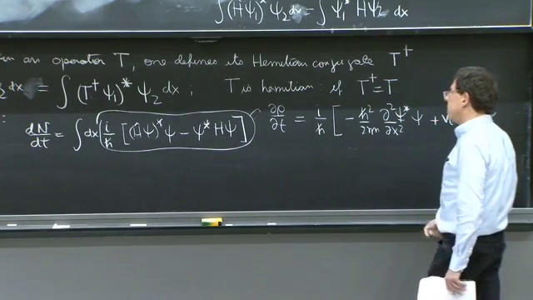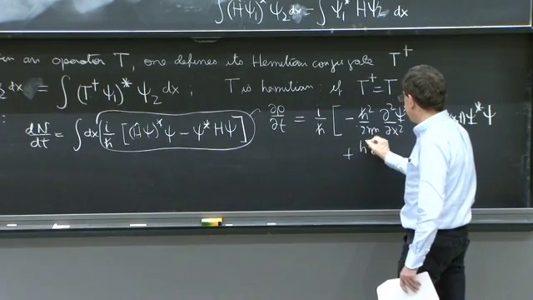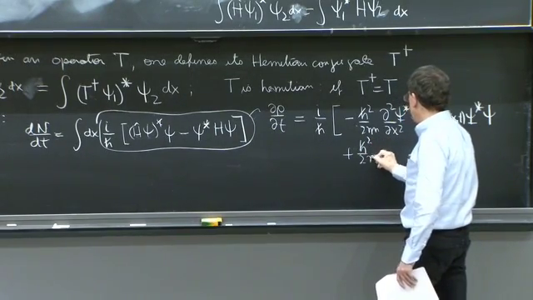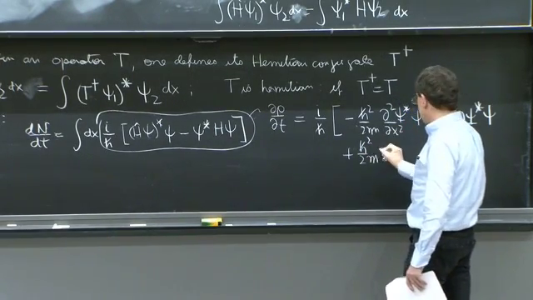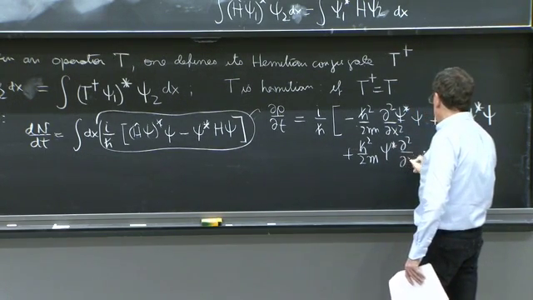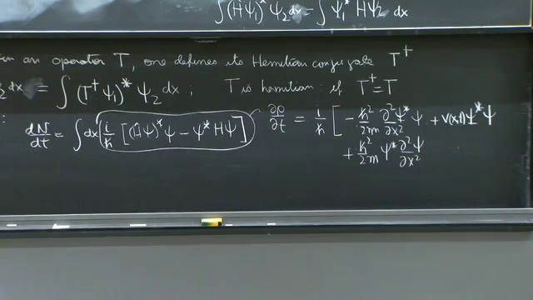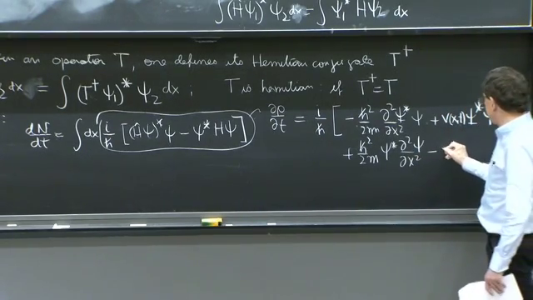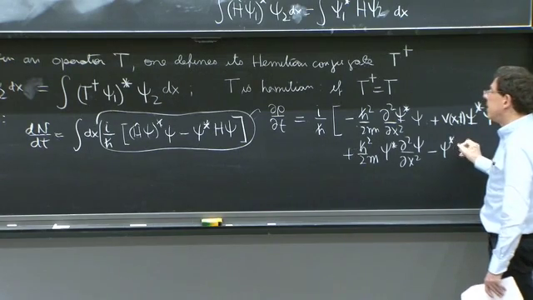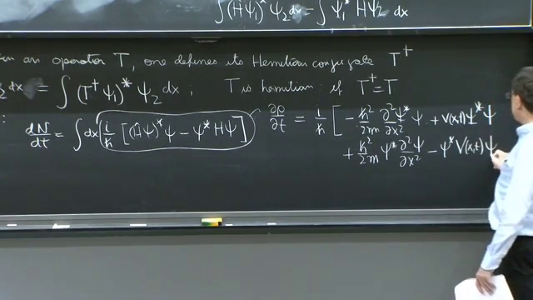So it's going to be opposite sign to here, so plus h squared over 2m psi star the second dx squared psi, and then minus psi star V of x and t psi.